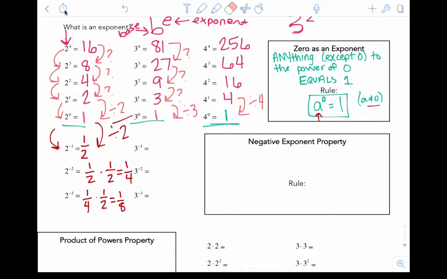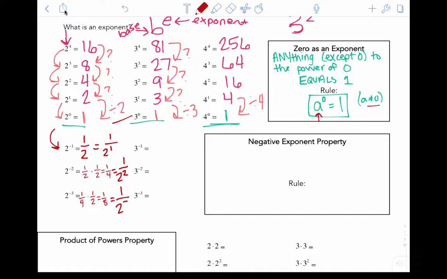I'm going to go ahead and make this a little bit smaller so that I can fit one more thing in here. Now notice that 1/2 is the same as 1/2 to the first, and 1/4 is the same as 1/2 squared, and then 1/8 is the same as 1/2 to the third.